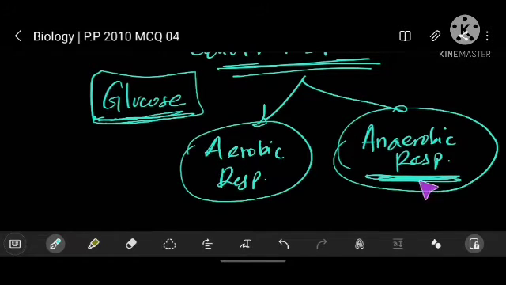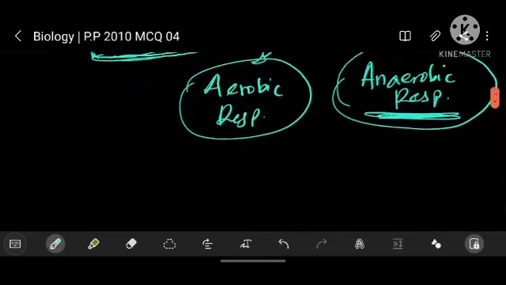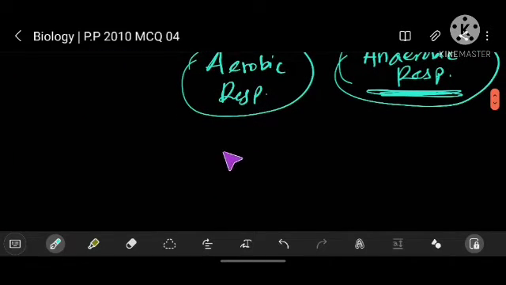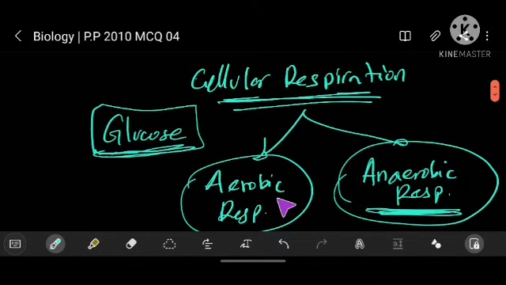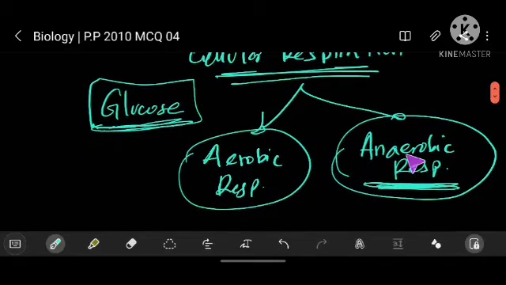For that, first we have to understand cellular respiration as a whole, and understand aerobic and anaerobic respiration. In anaerobic respiration we go deep and study everything, and with that we can answer this question.